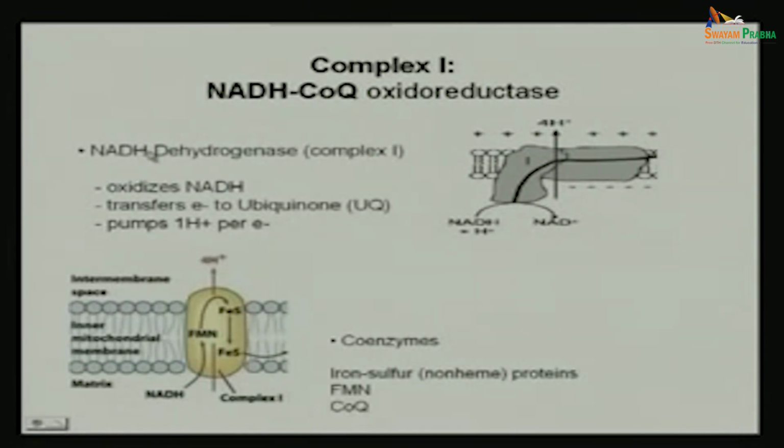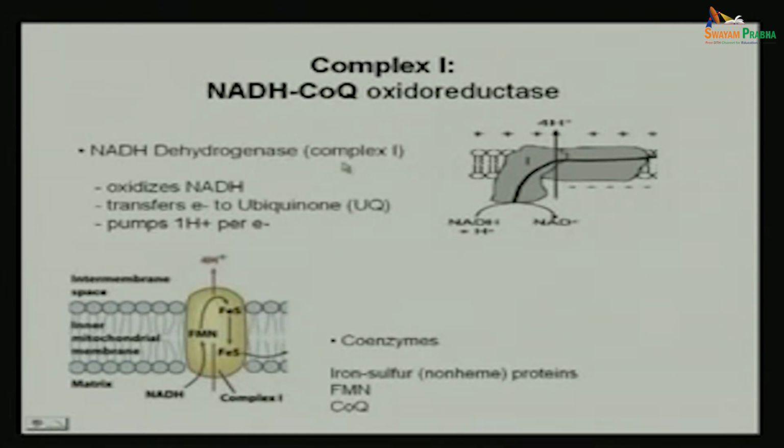What it does is oxidize NADH. At the same time, it transfers the electron to ubiquinone, the ultimate electron acceptor, and it pumps 1 proton per 1 electron. So this is the function of NADH dehydrogenase.